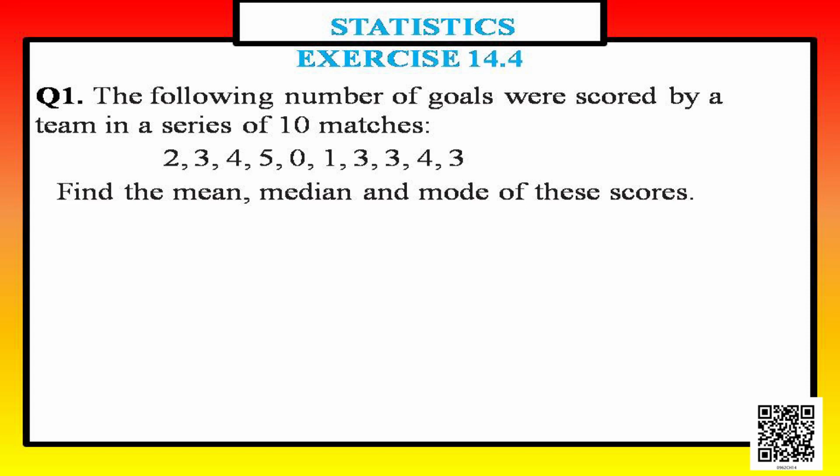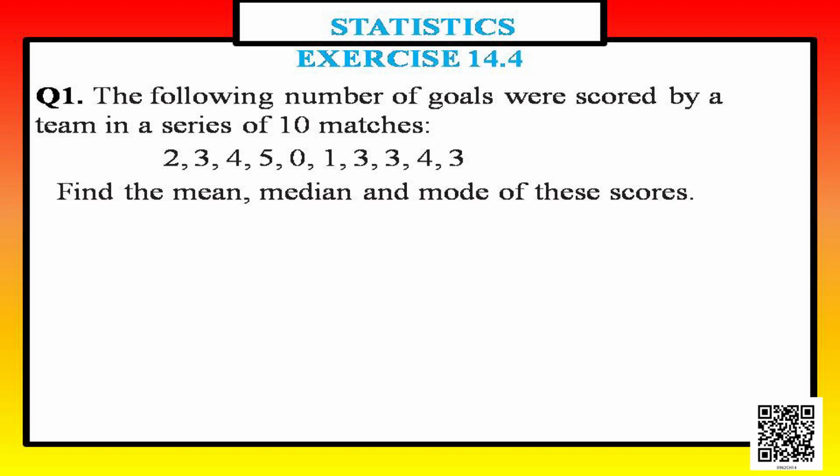The question says find the mean, median and the mode of these scores. So now let us solve the sum. The numbers given to us were 2, 3, 4, 5, 0, 1, 3, 3, 4 and 3. Now let us find the mean first.